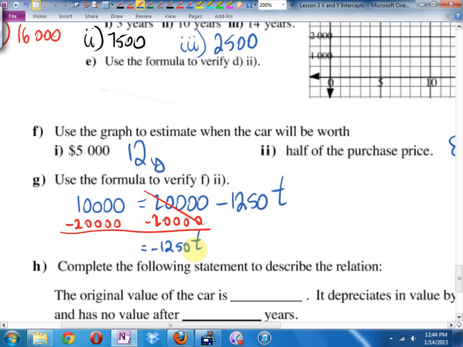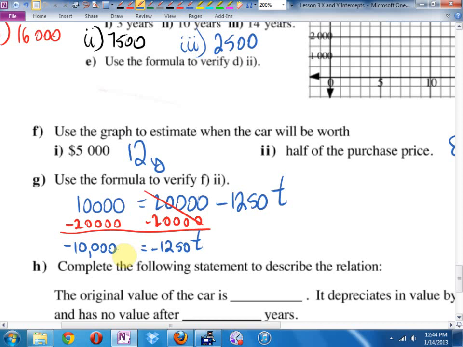But on the left-hand side, I get 10,000, take away 20,000. Hey, what is 10,000, take away 20,000? How to get the T by itself? Close.